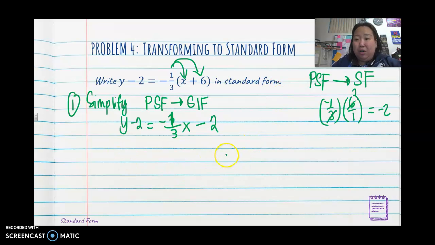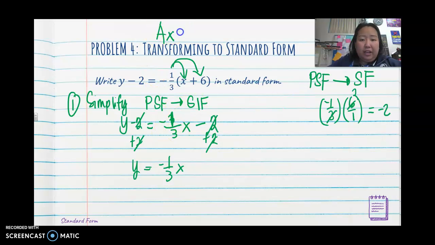You want to combine all terms together. So you can add the 2 here and you can add the 2 over here, all right? Unfortunately, they get canceled both. So now you have y is equal to negative 1 over 3x. Remember, for standard form, it has to be ax plus by is equal to c. x and y will be together on one side.